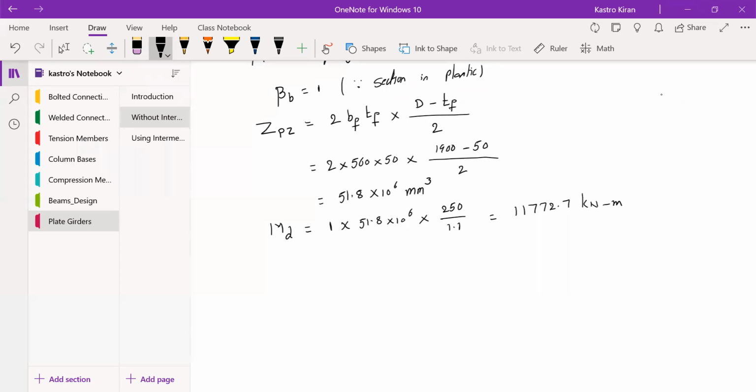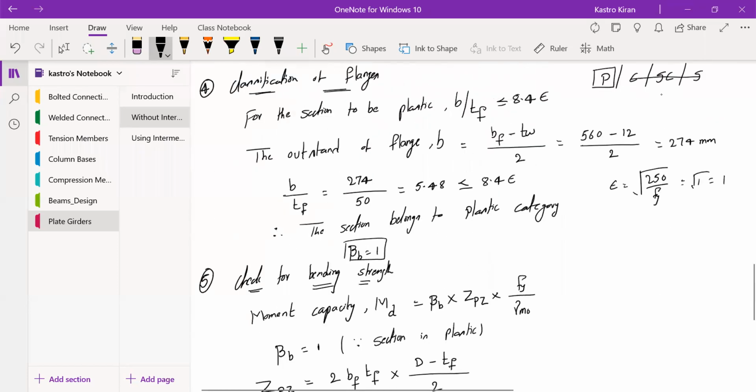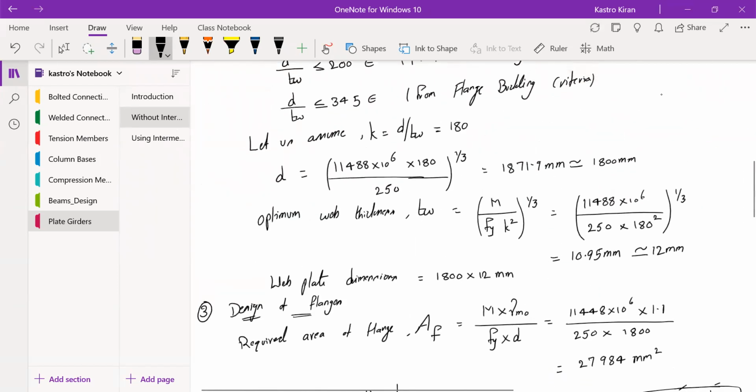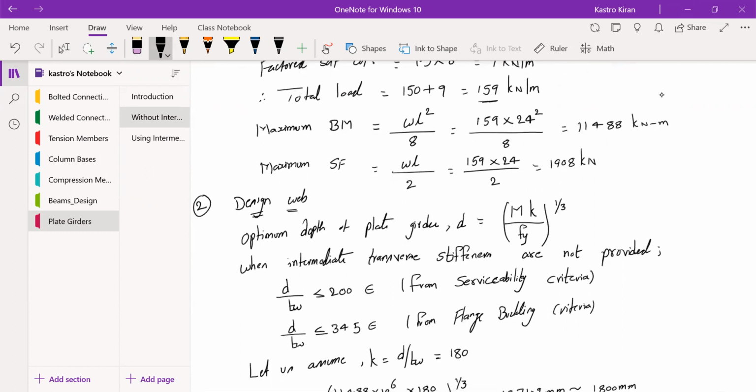And how will you check whether this moment capacity is within the limits or not? Whatever value of MD you have calculated, it must be greater than the value of the maximum bending moment. Let's look at the maximum bending moment. We calculated it by using WL square by 8, which is 11448.